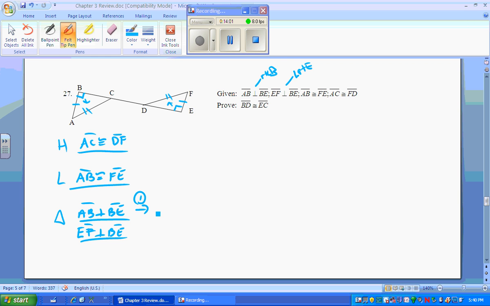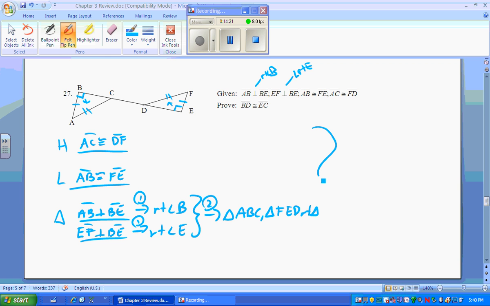This one gives me, for reason 1, right angle at B. Same reason, right angle at E. And then we can say triangle ABC and triangle FED are right, which then states that they are congruent. Which now we got to use CPCTC.